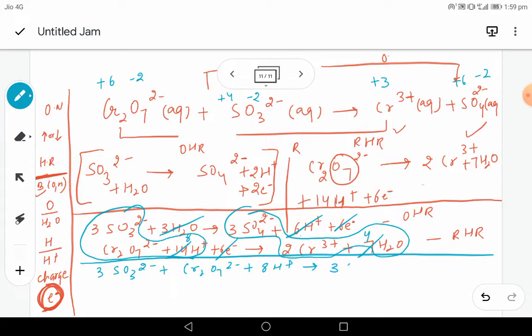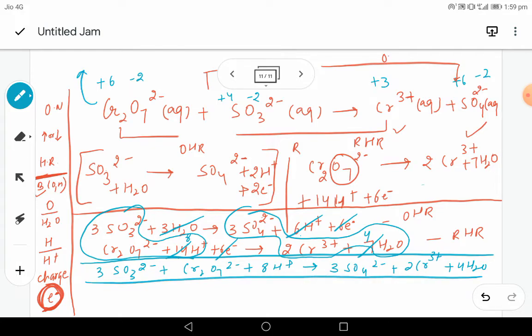It will form 3SO4 2 negative plus 2Cr3 positive plus 4H2O. Now, suppose in the question it was written to balance this equation by half reaction method in acidic medium. So this would be our answer for the acidic medium.